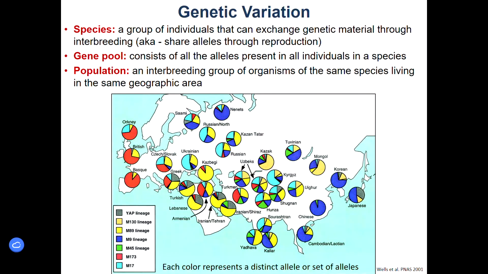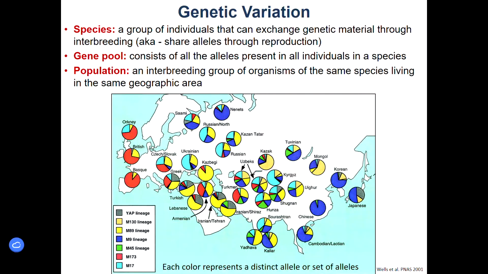A gene pool consists of all the alleles present in all individuals in a species. So this map is showing different groups of humans, and each color represents a distinct allele or set of alleles in these populations of humans. And this is actually looking at alleles on Y chromosomes of males.